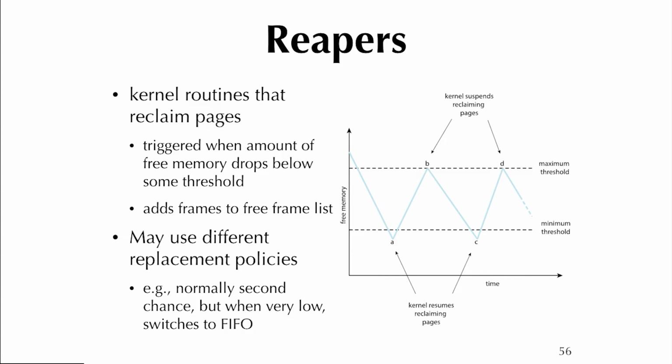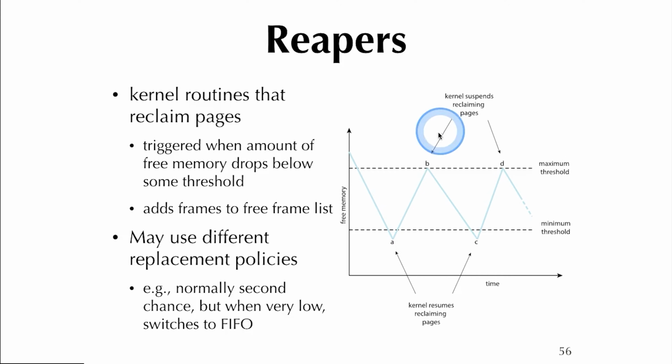And why is that? Because the purpose is to keep the free frame list from becoming empty or from dropping below a certain number of frames. So that way, when it comes time for page fault handling, you always have at least one, if not more, free frames to choose from.